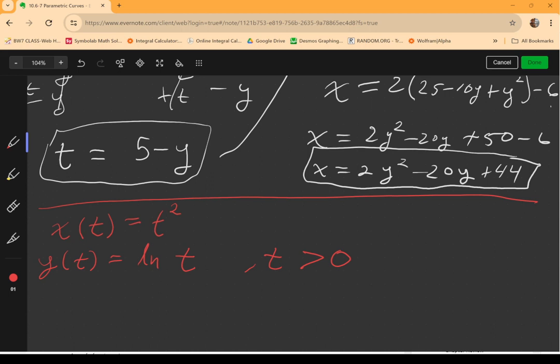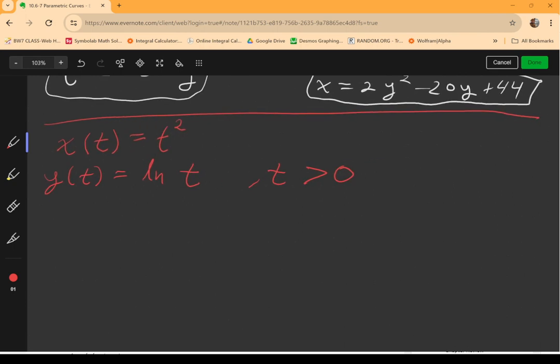Since t must be greater than 0, one way we can do this is: x equals t squared, and I can take the square root of both sides, so t equals plus or minus root of x. We make the distinction that x must be greater than 0.